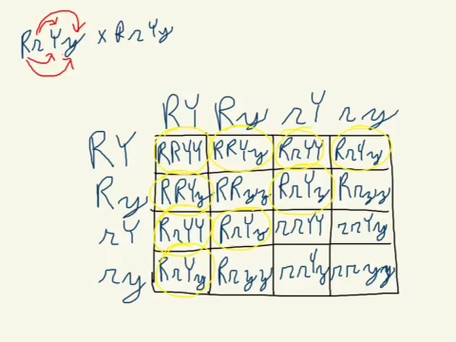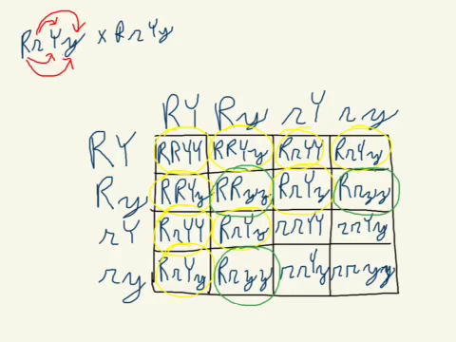Then we have our round green, because we have at least one dominant R, but two recessive y's, so therefore they're green, but they are round.